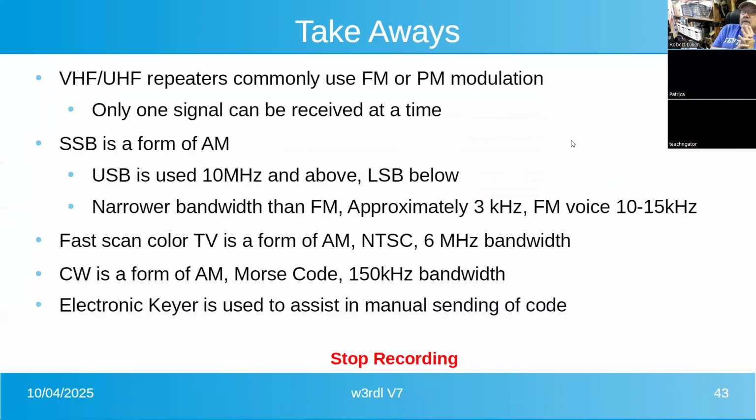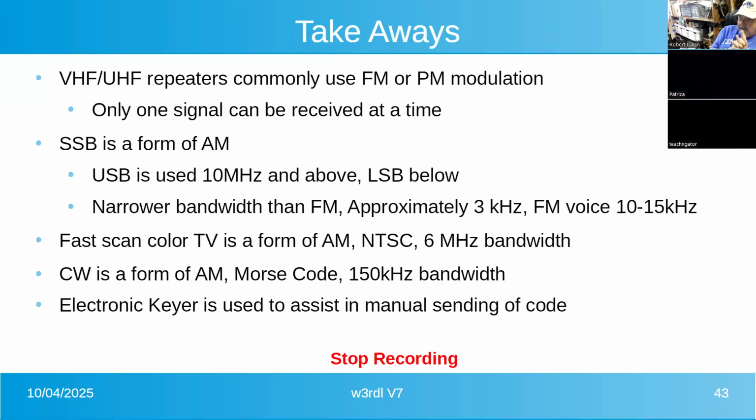Okay, so we talked about repeaters using FM or PM, although I don't know of any around here that use PM. With FM, you can only receive one signal at a time because of the capture effect. Single sideband is kind of a subset of amplitude modulation, and we use upper sideband above 10 megahertz and lower sideband below. It has a 3 kilohertz bandwidth, much narrower than the 10 to 15 for FM.